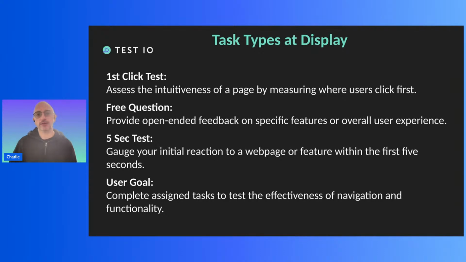What kind of tasks, because it's not testing, it's tasks, can we perform on a display? One is the first click test. In this case, we assess the intuitiveness of a page by measuring where users click first.